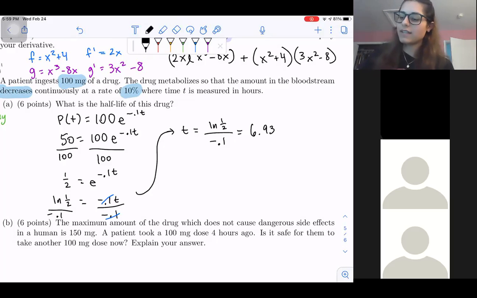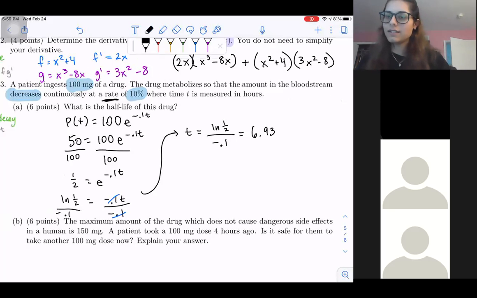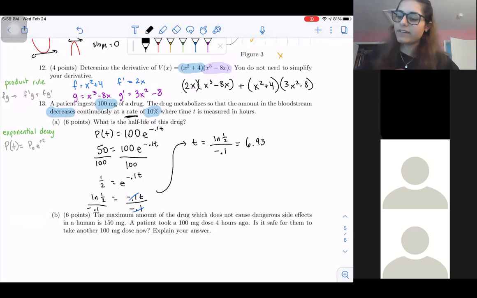But if you have an equation that has a 1 minus R in it, then you would end up with 90 or 0.9. But for this one, it's just R. In this case, R is given to us as the rate. Forgot what the equation is called, but I know what you're talking about. But for this equation, we're just looking for R, so no extra calculation. So half-life is almost 7 hours.